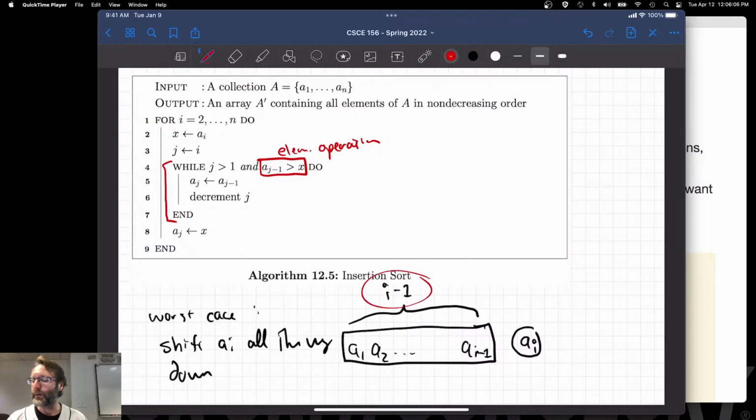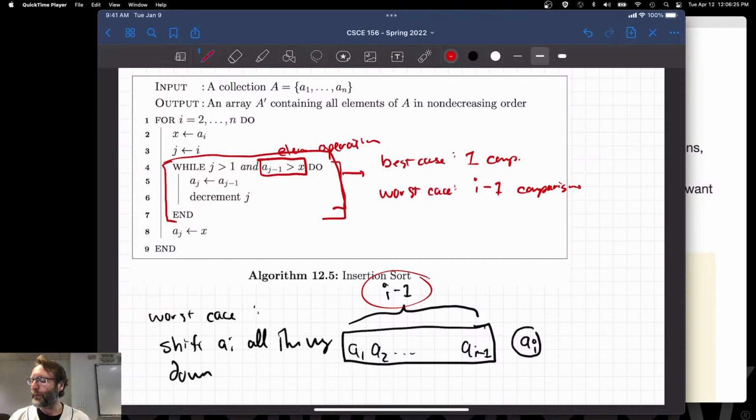So in the best case, there's only one comparison. But the worst case is going to be i minus 1 comparisons for this block right here. Let's stick with the worst case scenario, i minus 1.